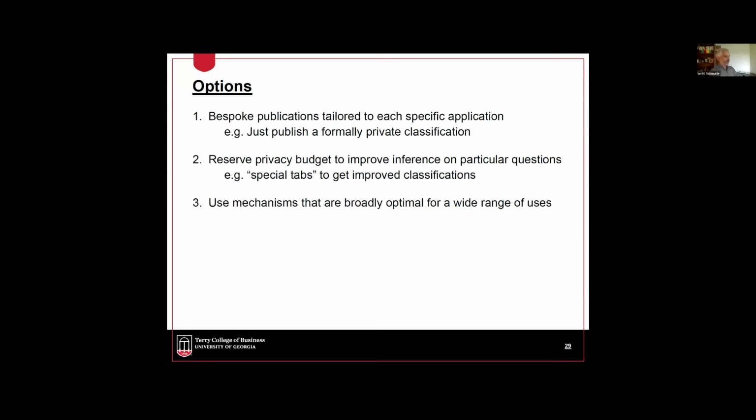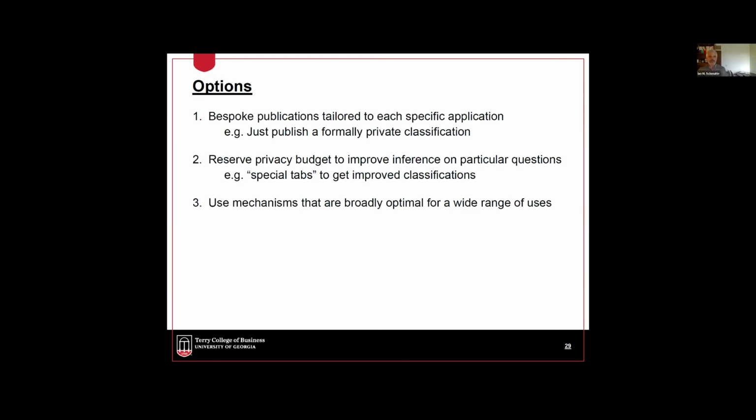We know that there's a specific application, say publishing data for the Voting Rights Act, that might require one model that delivers accuracy in one concept of accuracy, and that's different. And so we could return to the data multiple times, as long as we stay within the privacy budget, and publish data using different mechanisms. Another possibility is to reserve part of the privacy budget to get improved inference on particular questions.